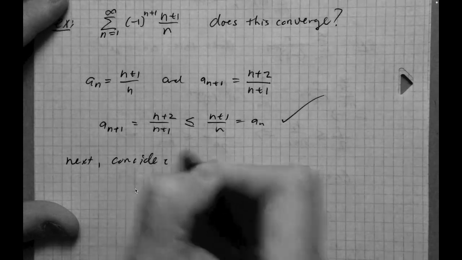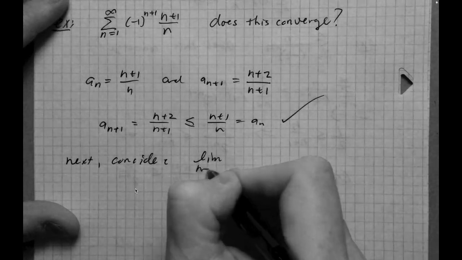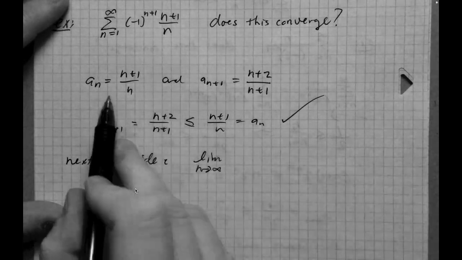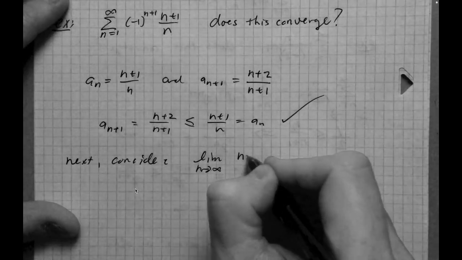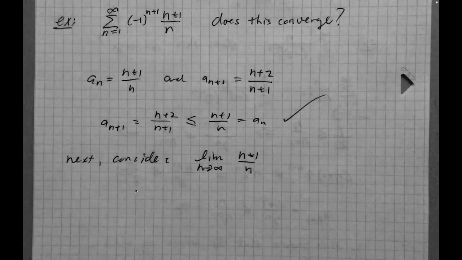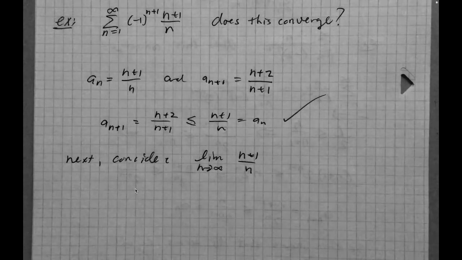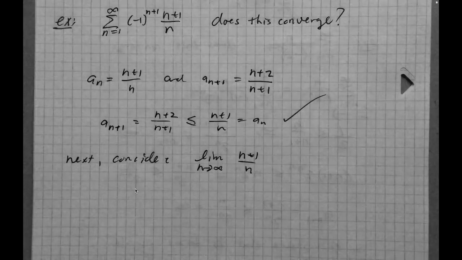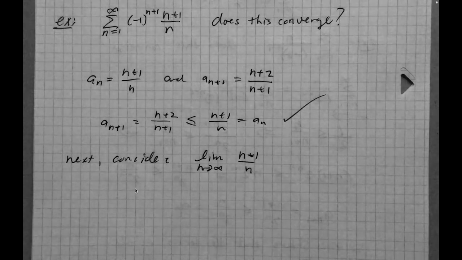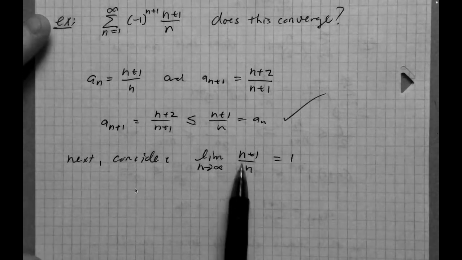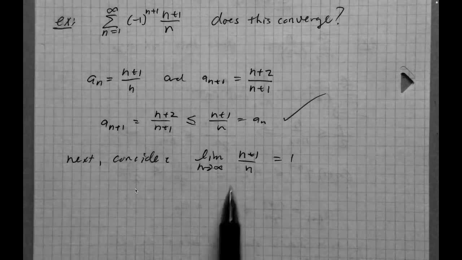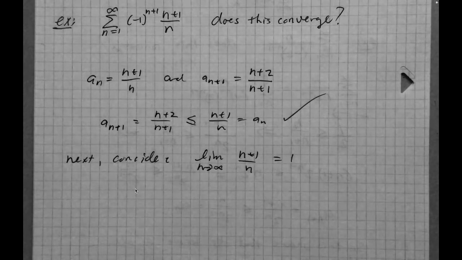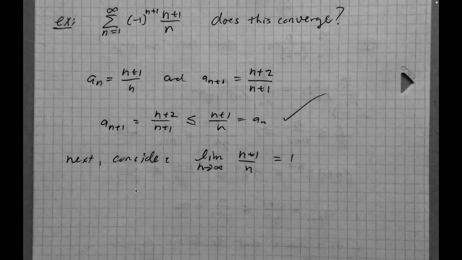All right, so next let's consider the limit as n goes to infinity of n plus 1 over n. Well, unfortunately, this one does not. The limit does exist, right? We know that the limit's 1. This is polynomial over polynomial, first degree, so it's a ratio of the leading coefficients, and that would be 1.